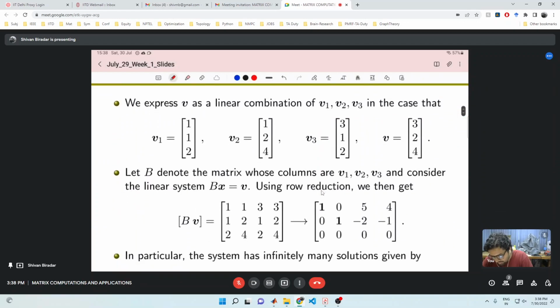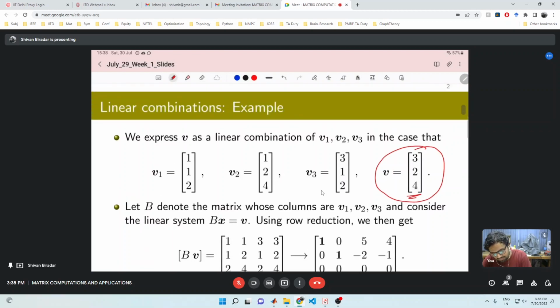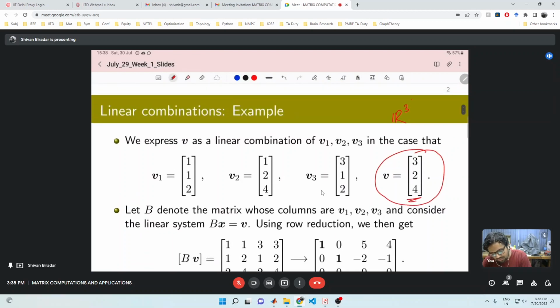So we can take this vector. Let us say that v is (3, 4). We can express this vector v in R^3. So we are considering R^3 here, which means that this is a three-dimensional space now.